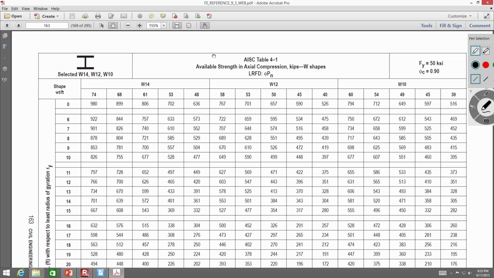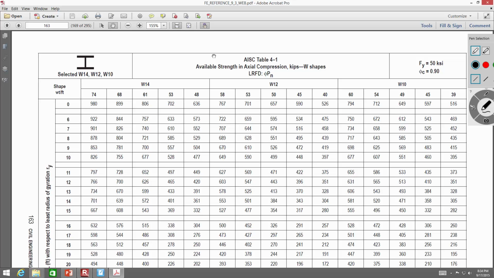Now we ought to be a little smart about this when we do this problem. Let's look at the problem. Should I go out of my way to select any W14s for this problem? Why not? There's no W14s in the choices, so don't even worry about the W14s or the W10s for that matter, right? No point. In fact, all we need to do is worry about the W12s, okay?